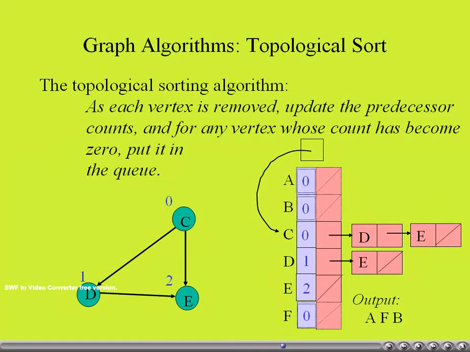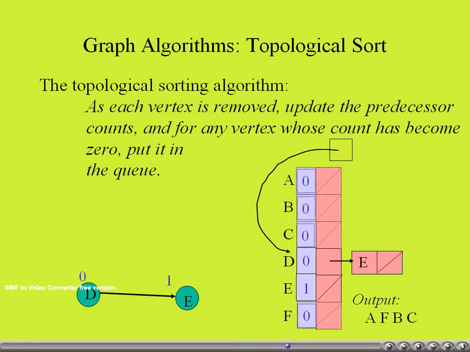Now C is in the queue. When you remove C, its adjacents D and E have their predecessor counts reduced by 1. Currently, D's predecessor count is 1, thus it becomes 0, and D will be moved into the queue. However, E's predecessor count is 2, it will be reduced by 1, thus E's predecessor count becomes 1.